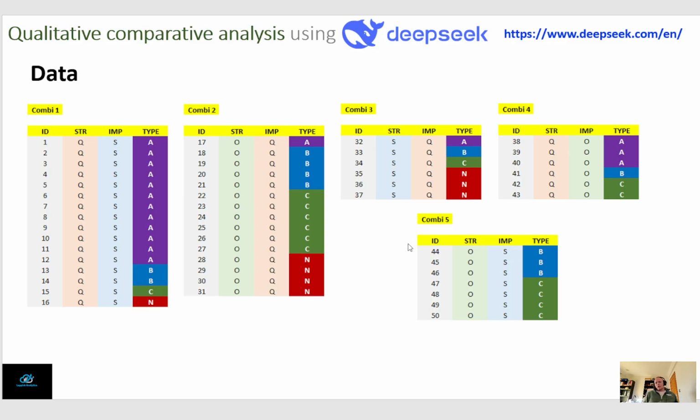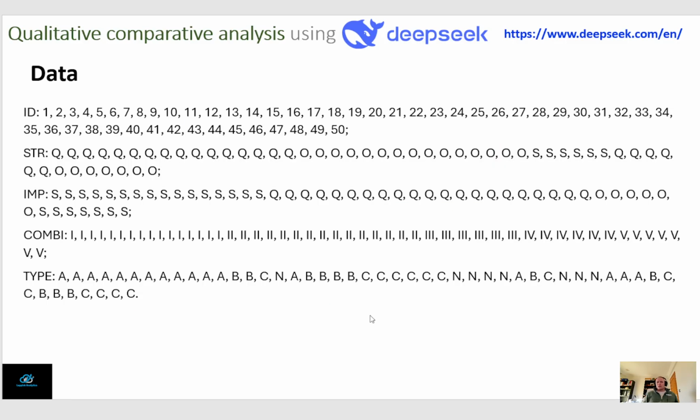Now, we are not going to feed the data in this format to DeepSeek, but what we can do is simply present the data in a text file as you see here. So ID is the first line, the first 2 lines, 1 to 50. So 1, comma 2, comma, and so on. This is how you show that.